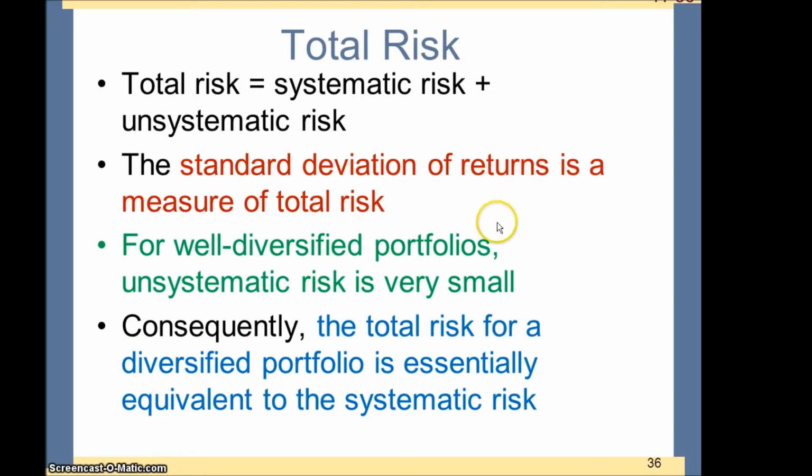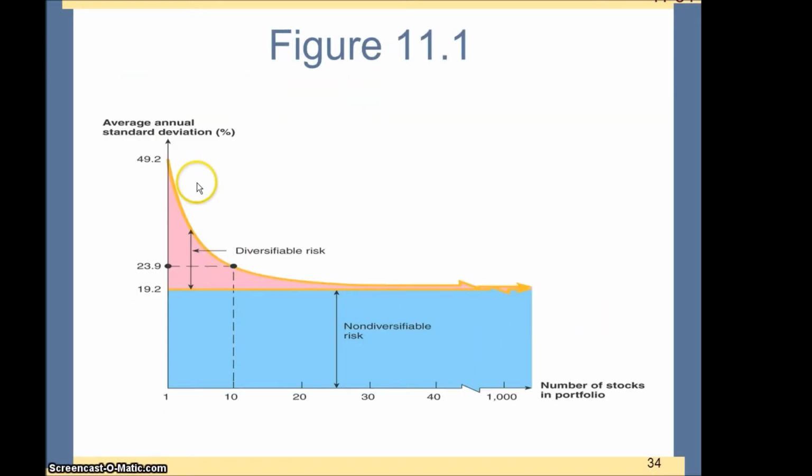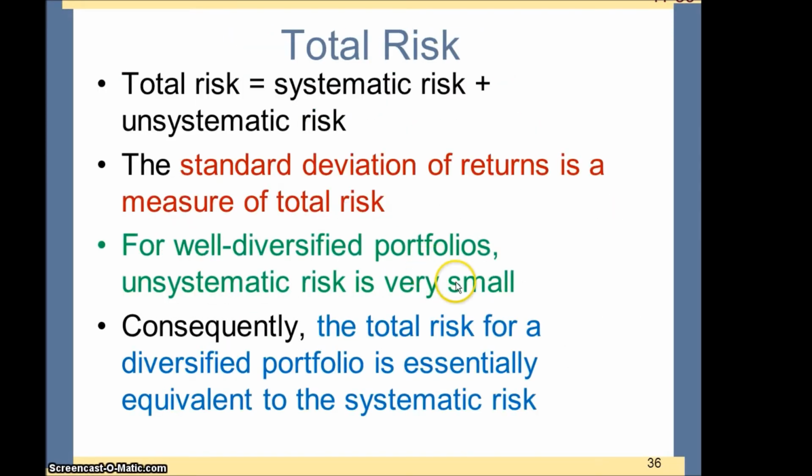Standard deviation of return is a measure of total risk. We learned the standard deviation just now. Now, for a well-diversified portfolio, unsystematic risk is very, very small. Why? Because the unsystematic risk has been diversified away. When there are a lot of stocks in your portfolio, the diversifiable risk is very small.